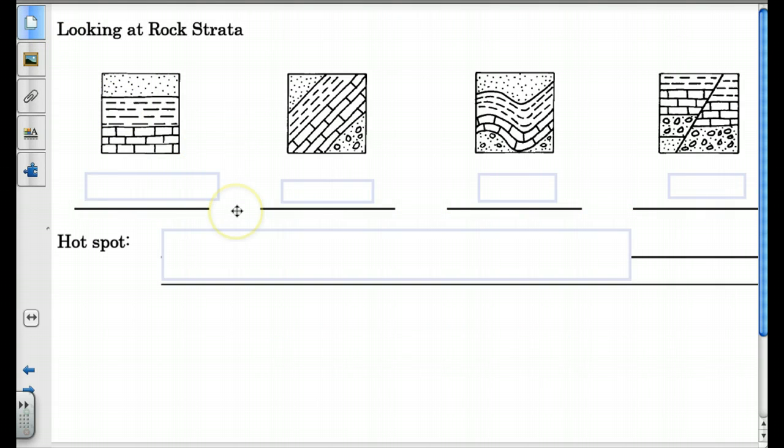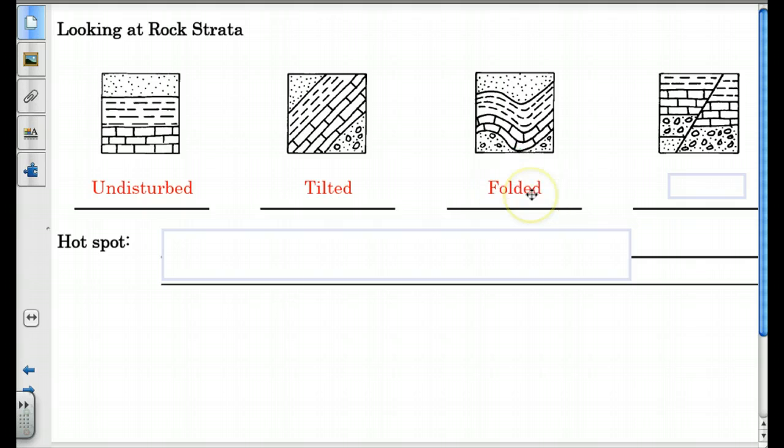And then we can also start looking at the rock itself. This is just normal undisturbed rock. Rock layers usually are laid down horizontally, where you have one layer on top of the other, like cake layers. They can be tilted, which means some big movement had to happen to tilt those layers up, because rock layers are not laid down at an angle.